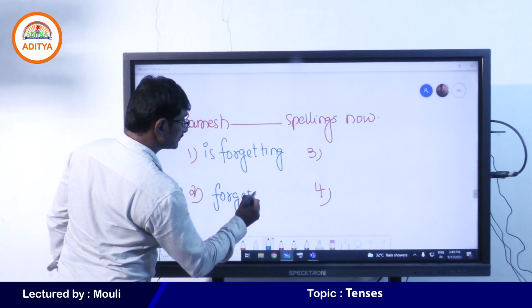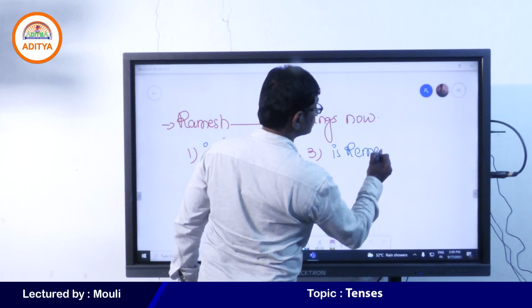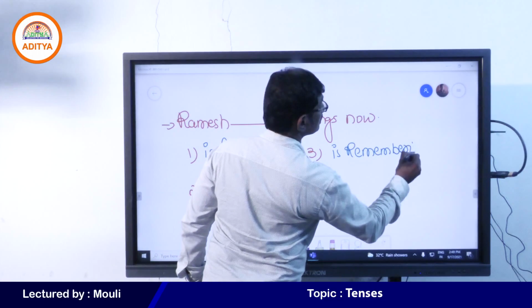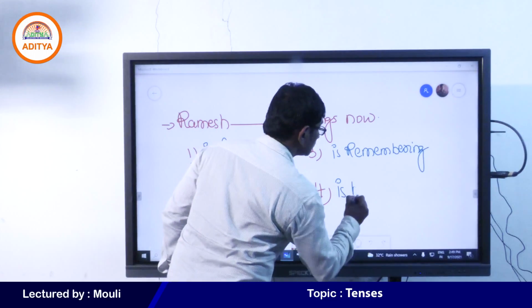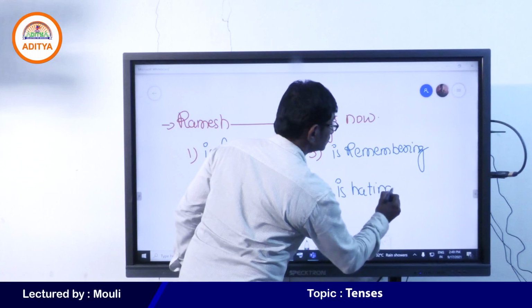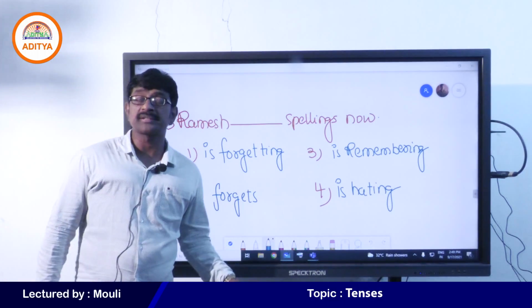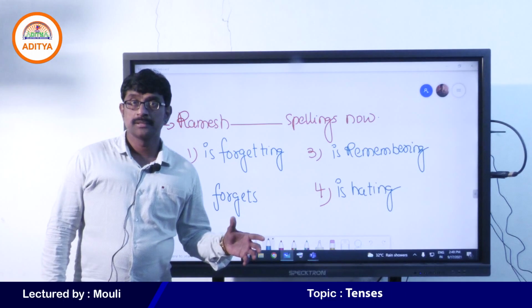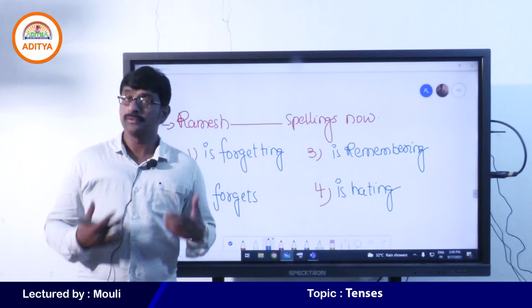Forgets. Is remembering. Is hating. Like this. So when these four are given as the choices, we have to choose the best among these four. We know that very well.